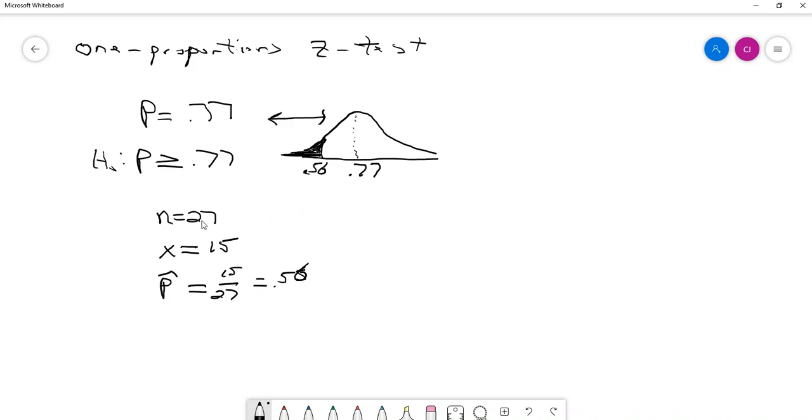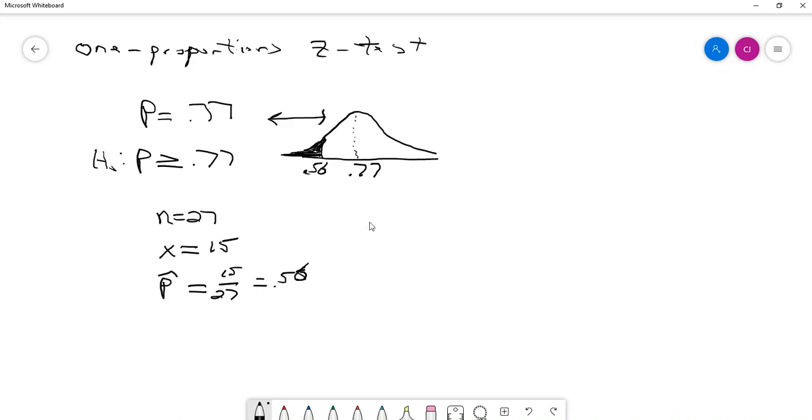This is a little different than the means. The standard error for the proportions is based largely off of sample size. So we have to remember that's an important thing. With a small sample size, there could be a lot of error in the results here. So we may need that big of a difference just to even get a little bit of statistical significance here.